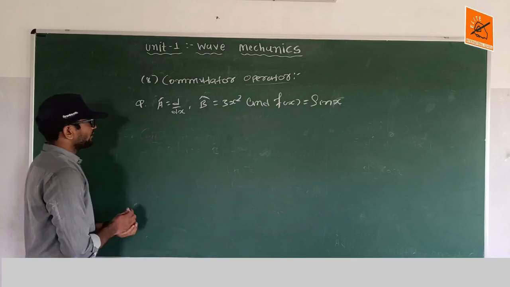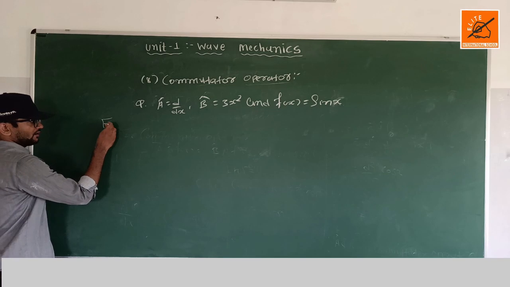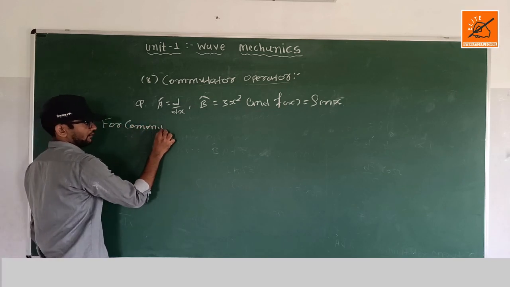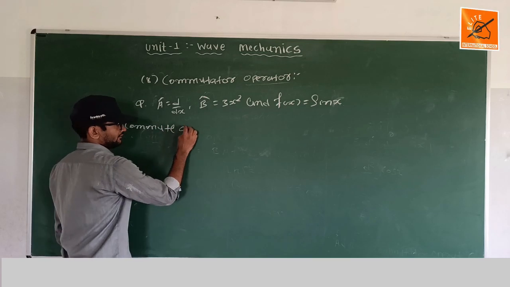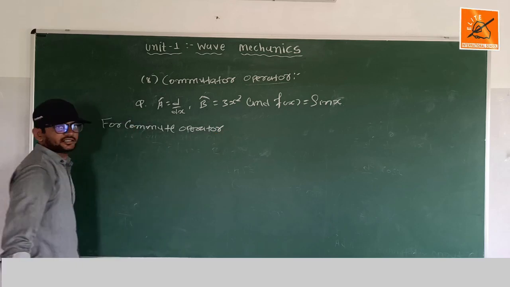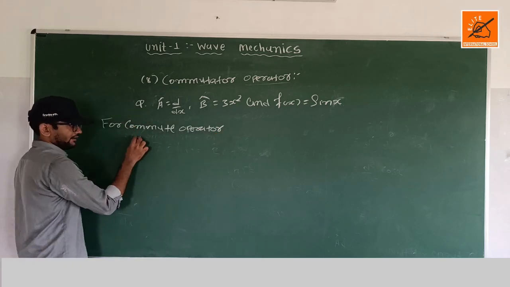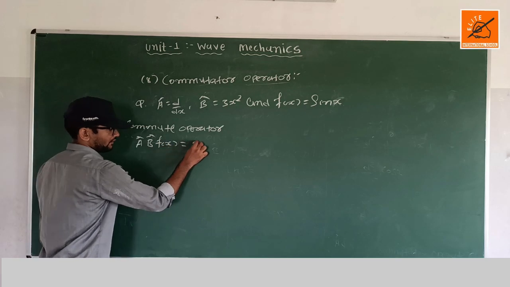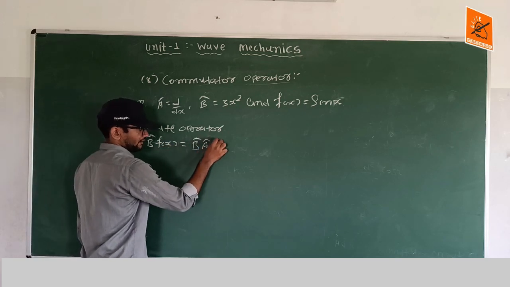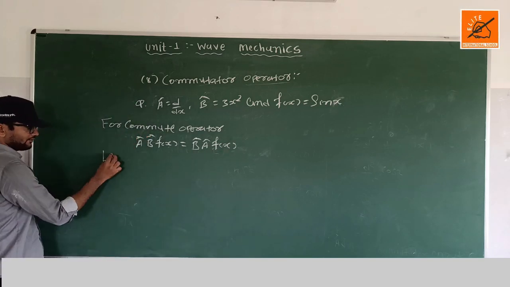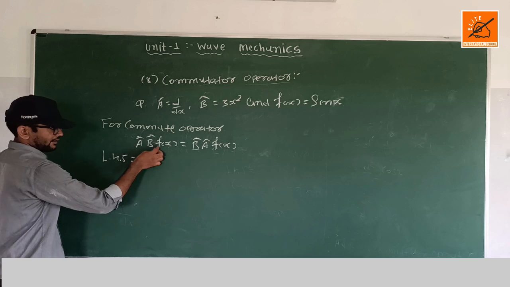Okay, so for commuting operators, the mathematical expression is A cap B cap f(x) is equal to B cap A cap f(x). So first, LHS is equal to A cap B cap f(x).